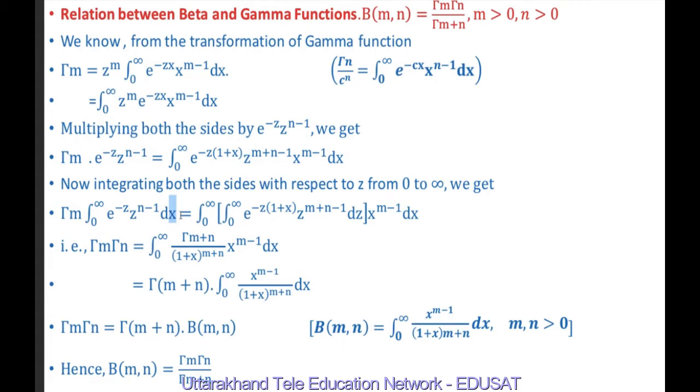And by definition of gamma function, this is gamma n, because here the variable is z: e raised to power minus z, z raised to power n minus 1 dz. So it is gamma n. So on this side we have gamma m, gamma n. And if we apply this formula in this term, if you compare the terms, in place of n you have m plus n here, because of z raised to power m plus n minus 1.